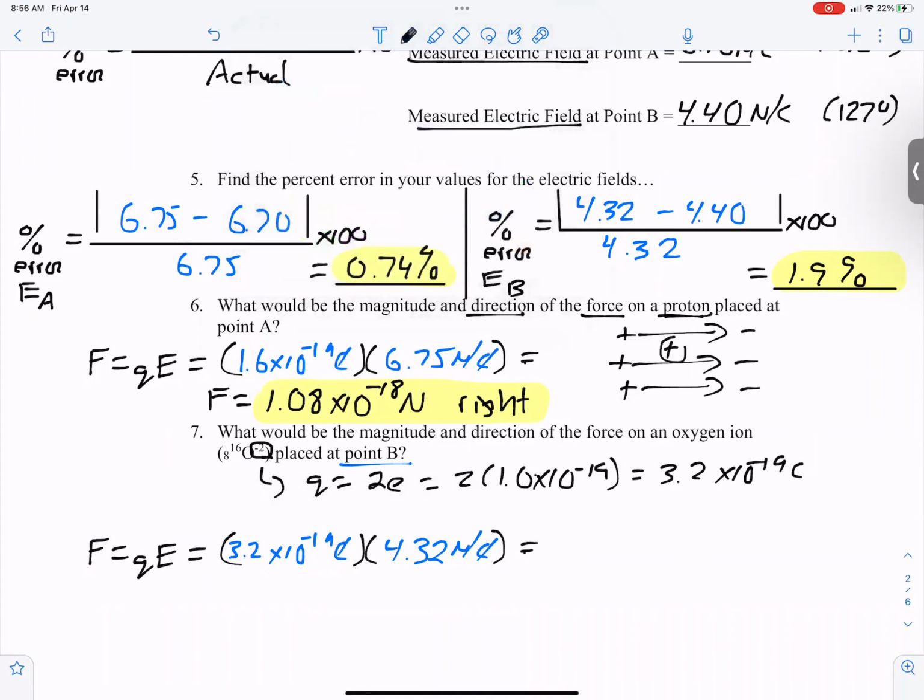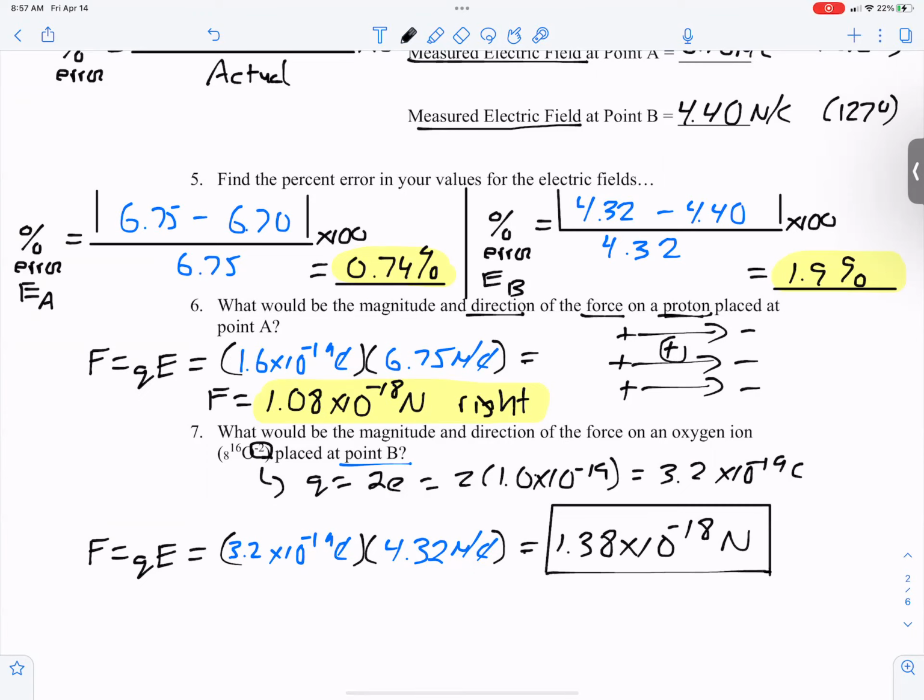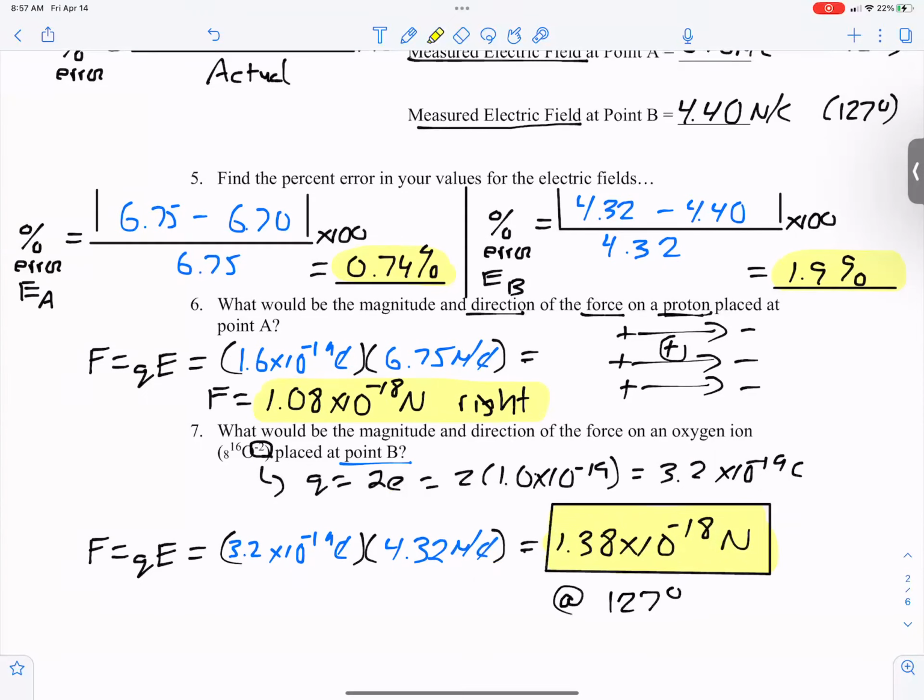Okay, and we get a value of about 1.38 times 10 to the negative 18 newtons, directed at 127 degrees from the positive x-axis. In other words, the exact same direction as the field at that point.